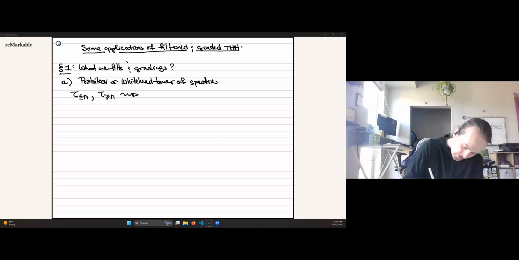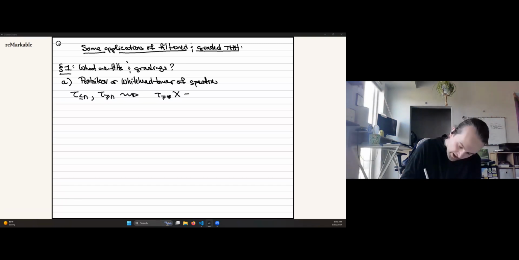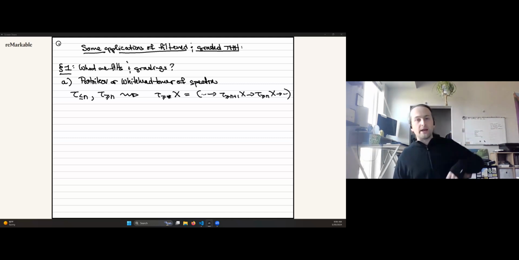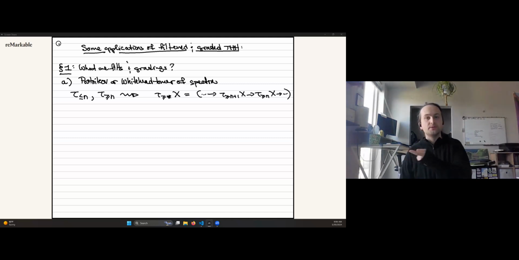For some spectrum X, we get some filtered spectrum, which looks like some kind of tower, and it's built by killing stuff below a certain range, and all of these things include into each other.